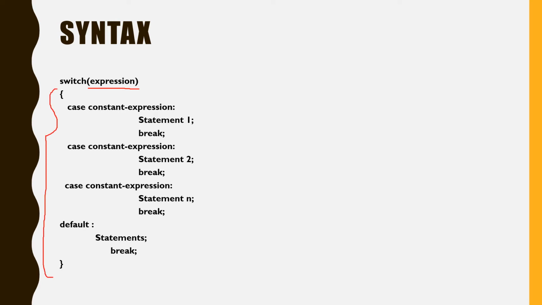It means this is a compound statement which is included under the switch statement. Opening curly braces, case constant expression colon, and then statement 1, break. Then case constant expression colon, statement 2, break. Then case constant expression colon, statement n, break. Then default colon, statements, break.